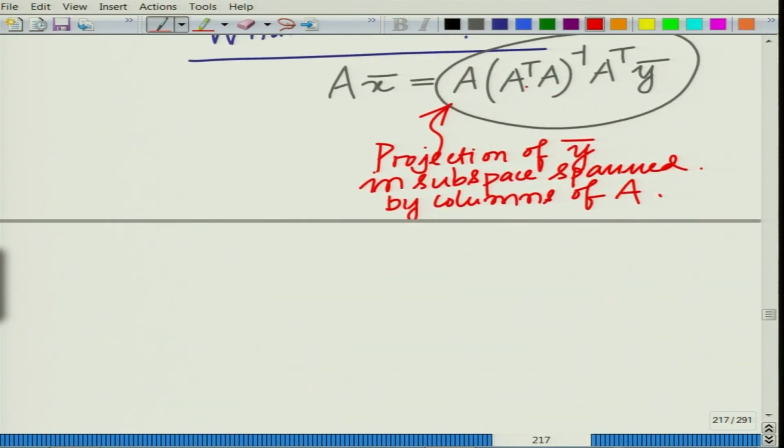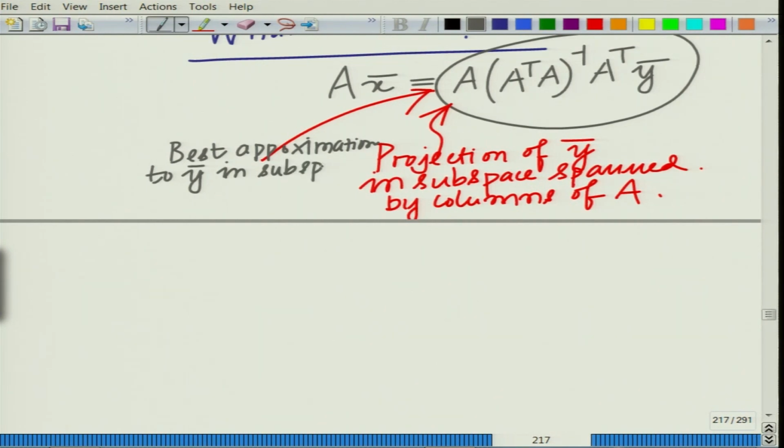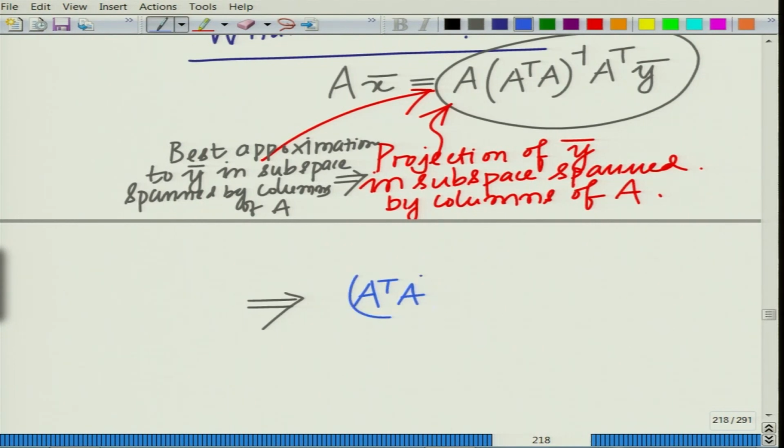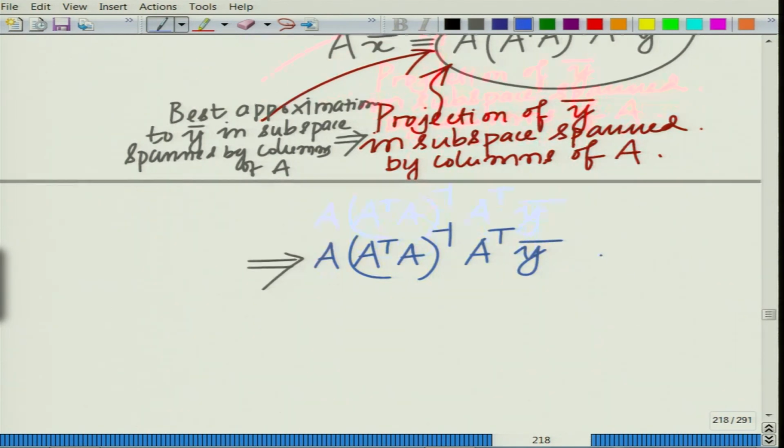So, A x bar is the best approximation to y bar in the subspace spanned by the columns of the matrix A, which implies that it is the projection of y bar in the subspace spanned by the columns of A. This implies, it is very easy to see, A times A transpose A inverse A transpose times A transpose A inverse A transpose into y bar. What is this?